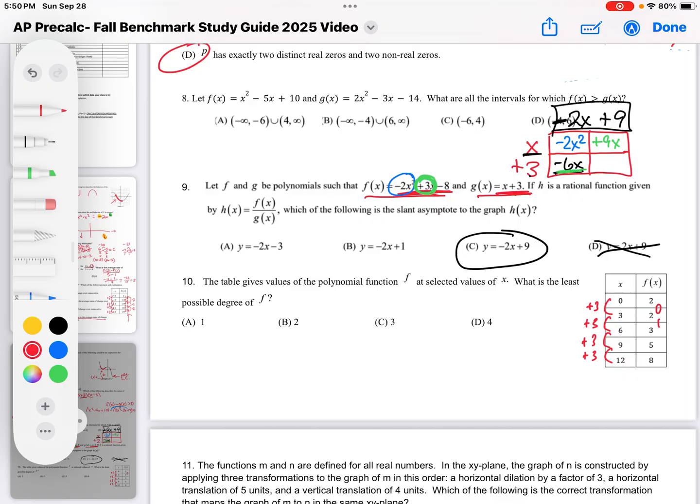From 2 to 3, I go 1. 3 to 5, 2. 5 to 8, 3. Right there I can see that is not going to be a degree of 1, so A is out. Now I check how my changes change, and I'm increasing by 1 each time. So that's constant. Since I did 2 changes, I have a degree of 2.